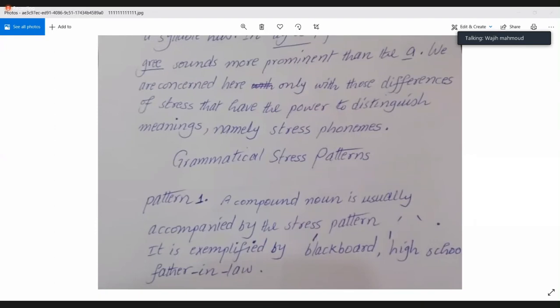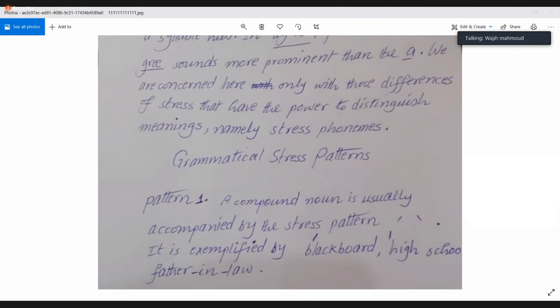One is a compound noun. Now, a compound, as you know, consists of 2 or 3 elements joined together. They form a single word, which is, morphologically speaking, known as a compound noun.